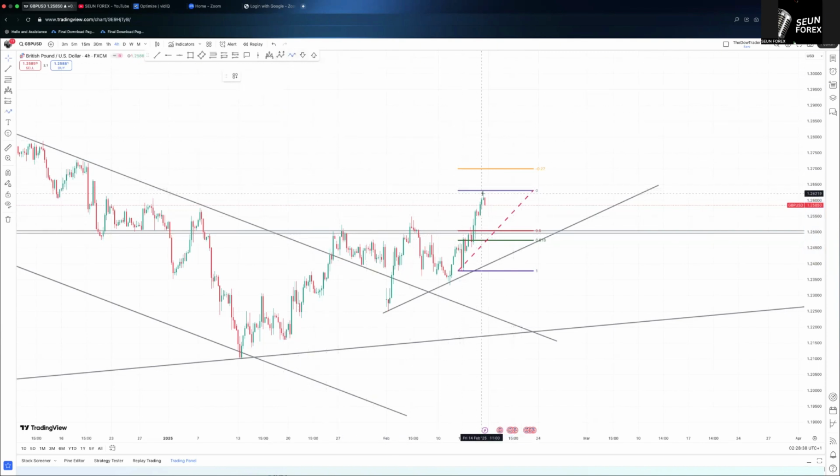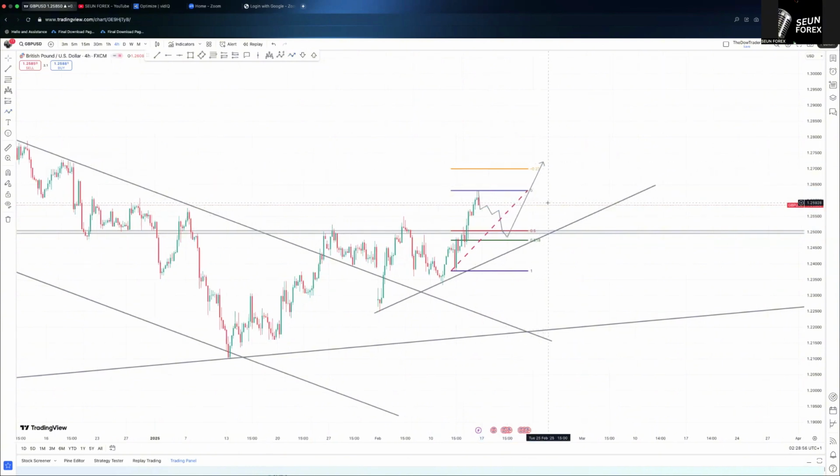So we'll be expecting this market, as this market is doing its own thing now, to come back to this zone. Once market come back to this key level and reject it, then that is massive buy opportunity.